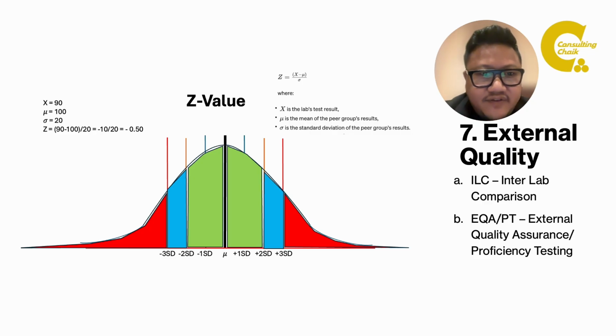The formula for Z value is X minus the mean divided by sigma, that is the standard deviation. A good Z value is between -2 to +2. Warning Z value is -2 to -3, and +2 to +3, and anything below -3 and above +3 is an outlier.